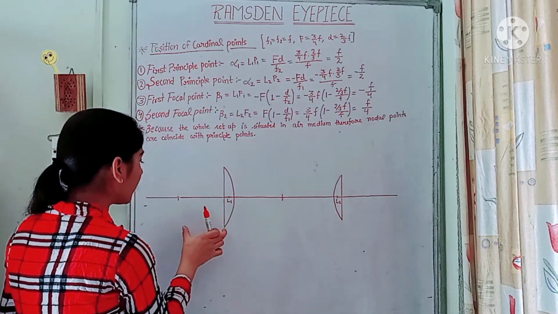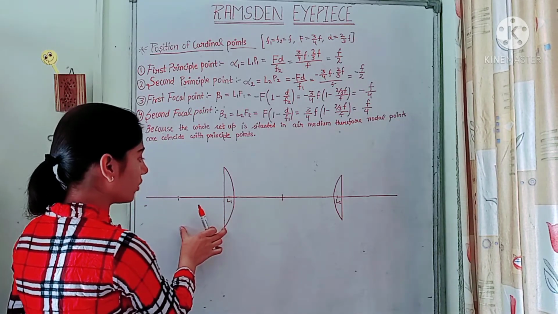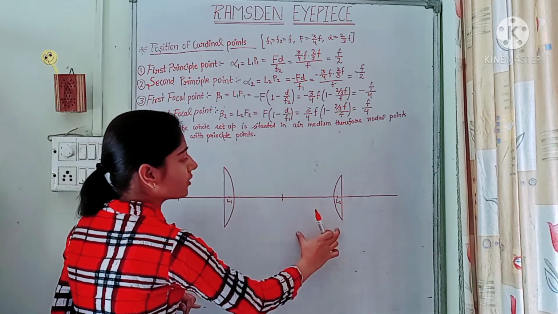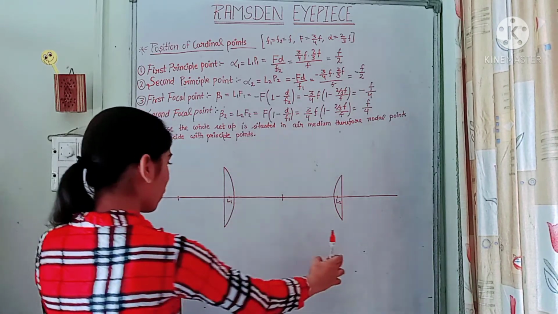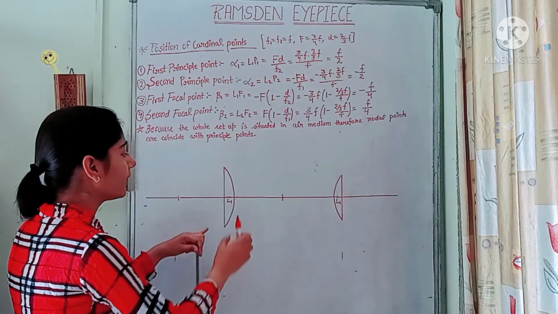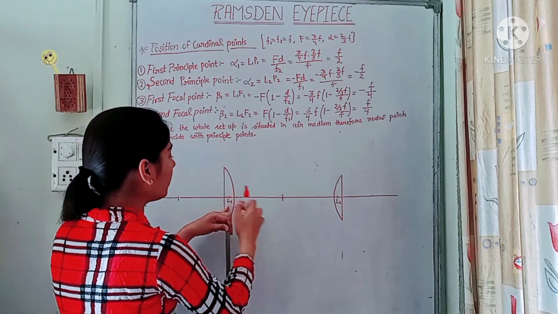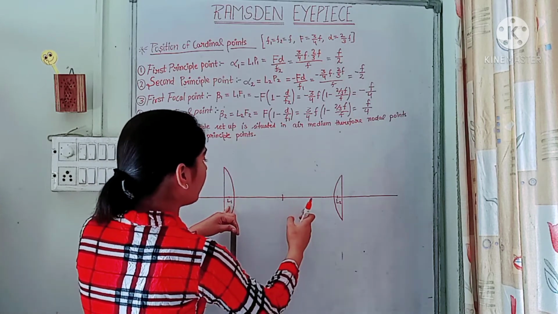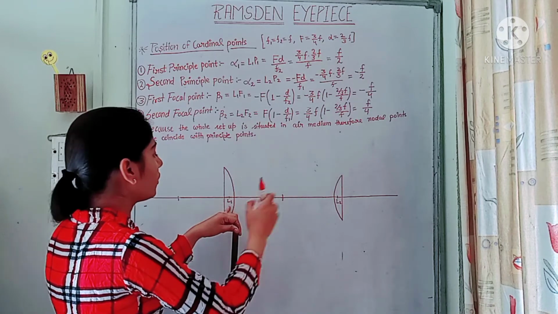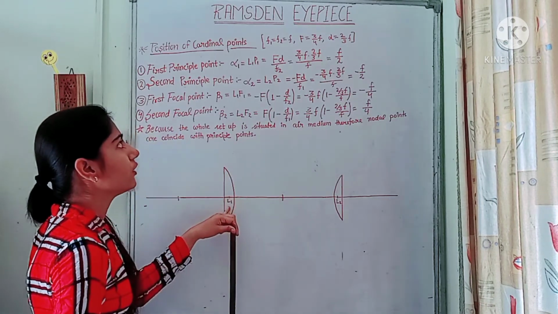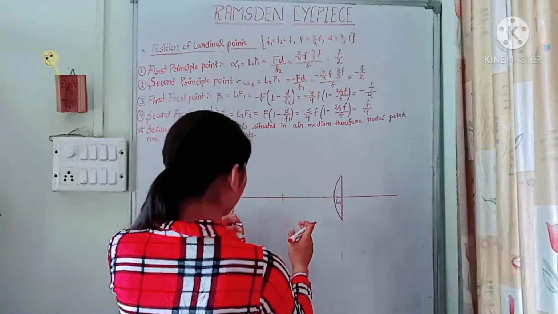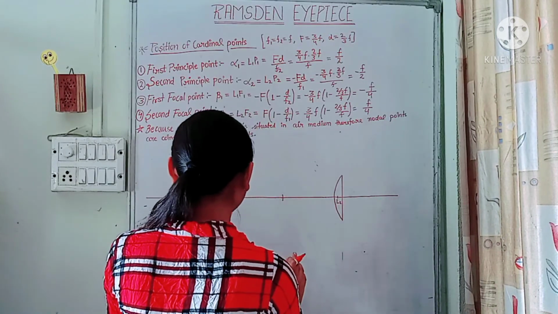I am taking this distance as F by 3, and this is F by 3, this is also F by 3, so this whole distance is F. Now from L1 we have to measure the distance F by 2, and if we measure F by 2 from L1, we get the first principal point. So F by 2 is lying somewhere here.